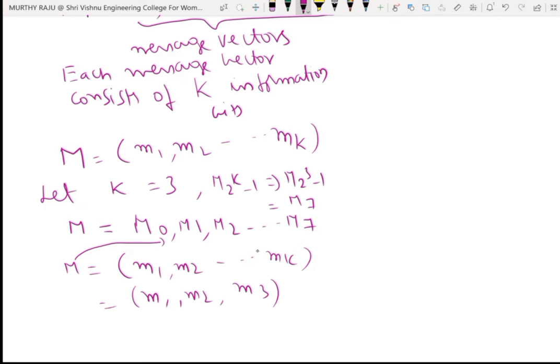These are M0 to M7, all possible message vectors which are applied to the channel encoder.